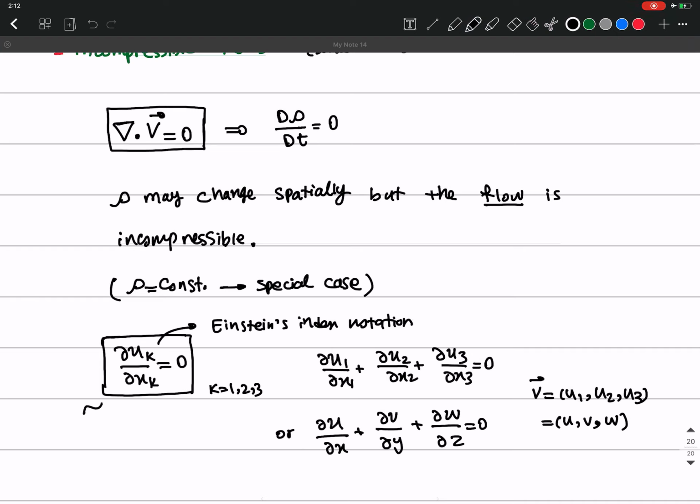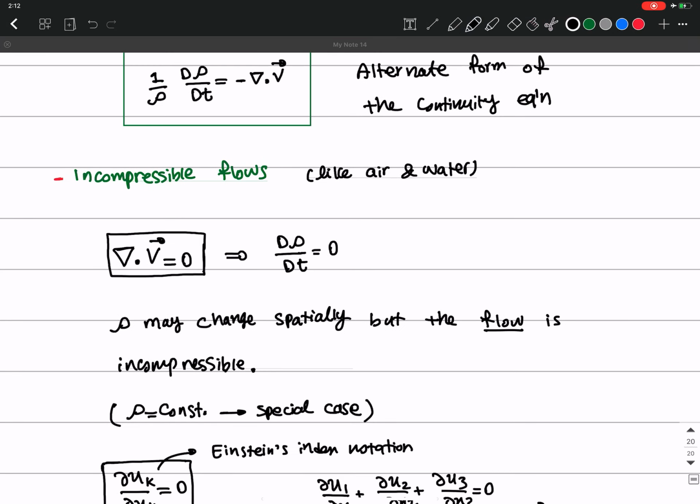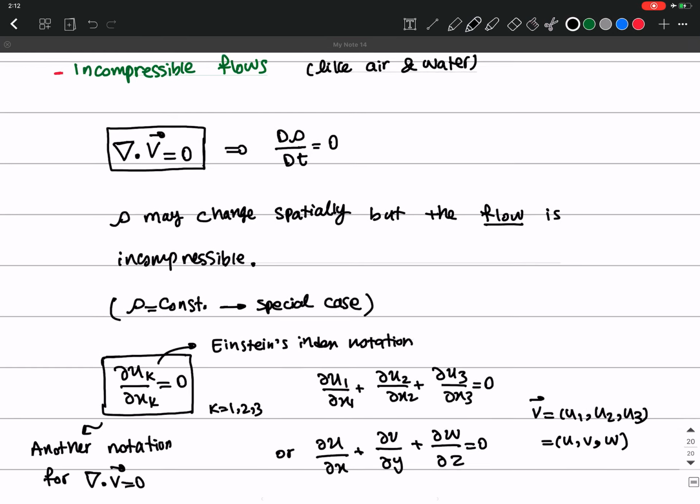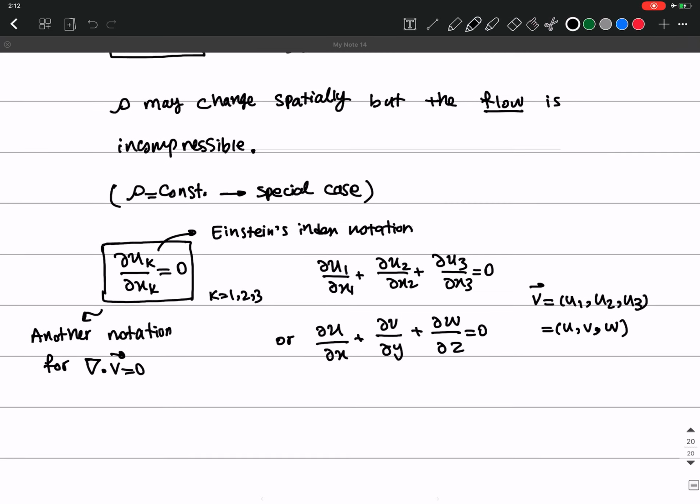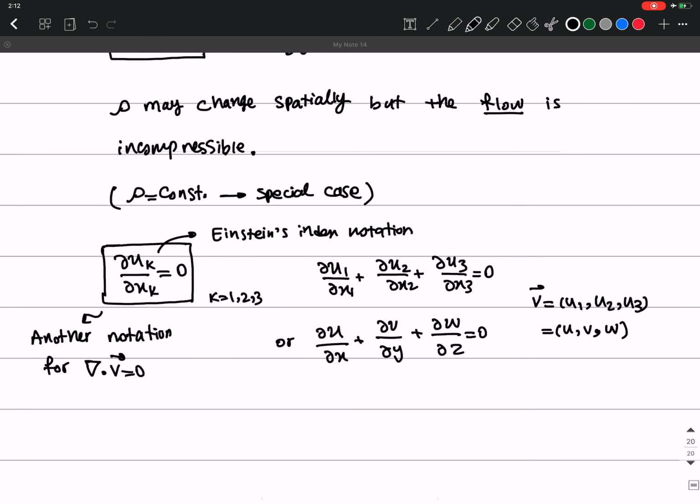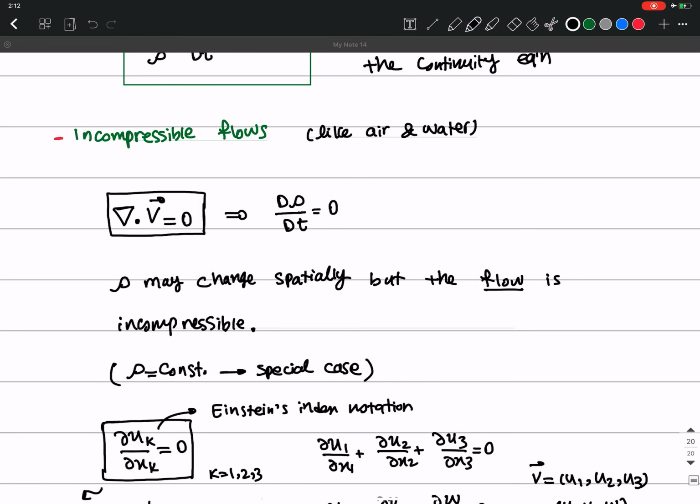So this is another notation for divergence of v equals 0. I think it's a simpler notation, but it's up to you which one you want to use. And this is, again, an alternate form of the continuity equation, the incompressible flow condition.